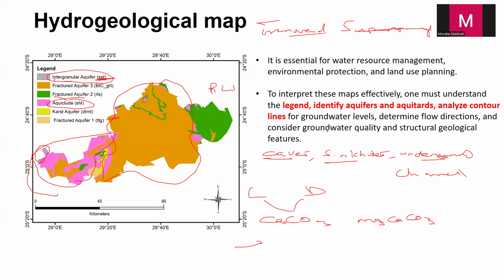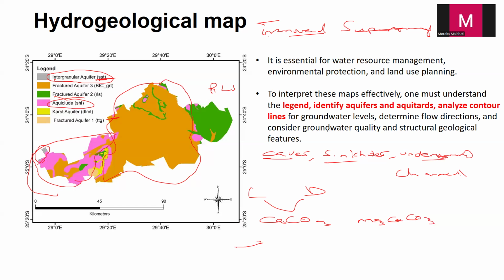So in terms of groundwater, the regions which are underlain by intergranular aquifers are going to experience high groundwater occurrence. If you were to map these areas, you're going to see the groundwater primarily stored in the spaces between grains.